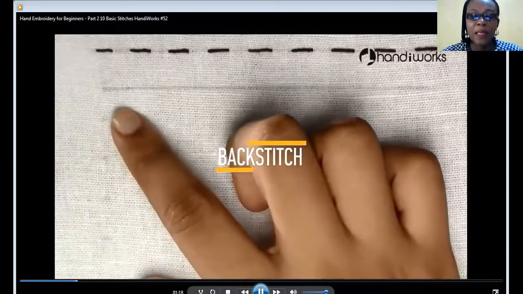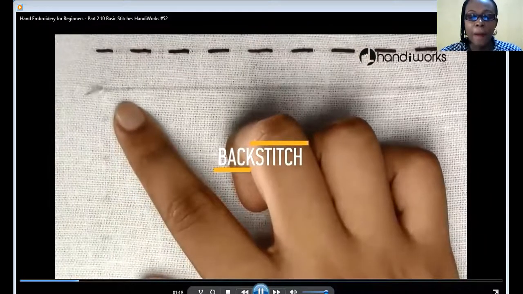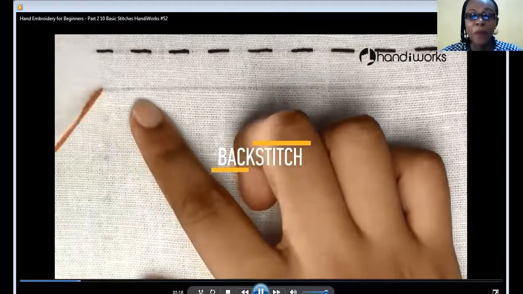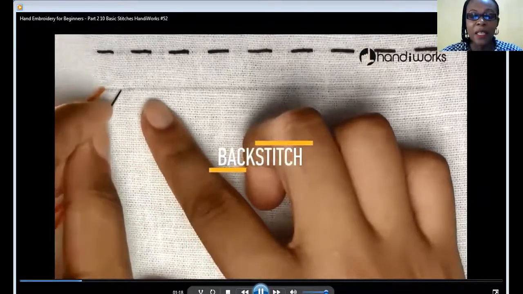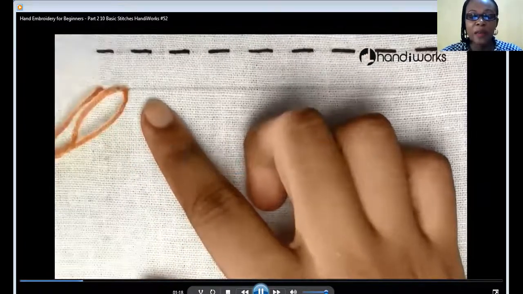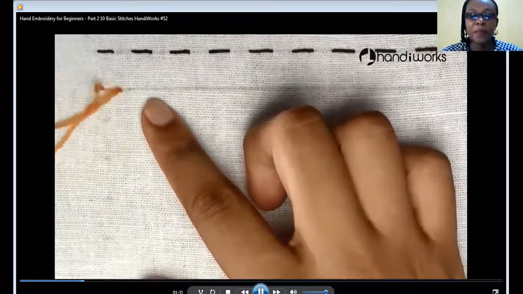It's about starting back stitch. She started from the back, passing the needle and thread, putting it again.